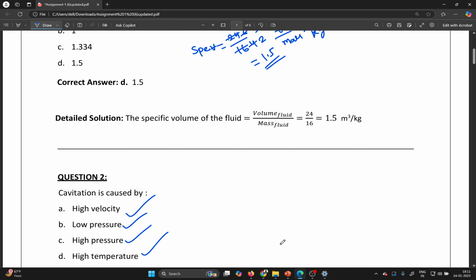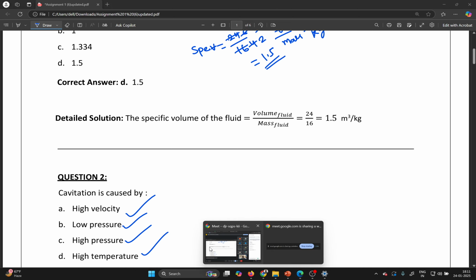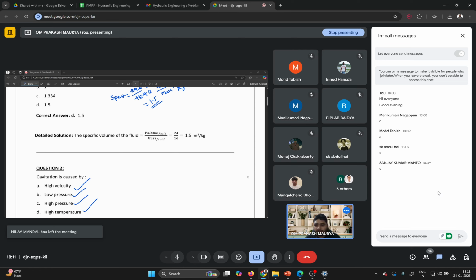Please give your answer in the chat box, then after that we'll discuss cavitation. Okay, option B, low pressure. I'm waiting for other responses also. Please everyone try to participate, because you have joined here, so you need to participate in this discussion about fluid mechanics. Please write your answer in the chat box.